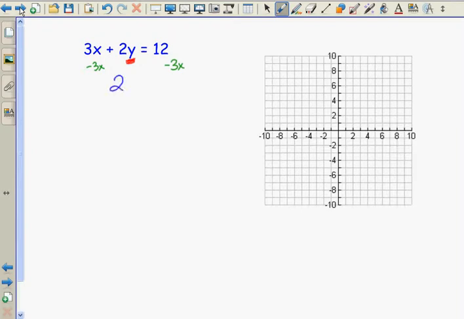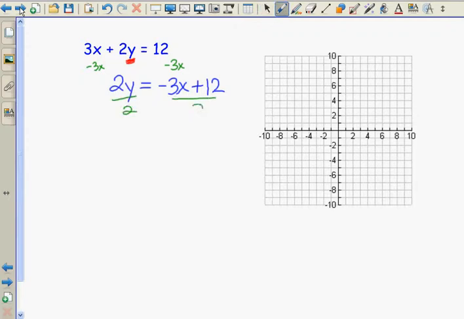The result is that the only thing left on the left of the equals is 2y. And on the right, 12 is a constant, and -3x is a linear piece, so those don't actually go together. We have to write them separately. And we always write the linear piece first, then the constant. Just some math etiquette.